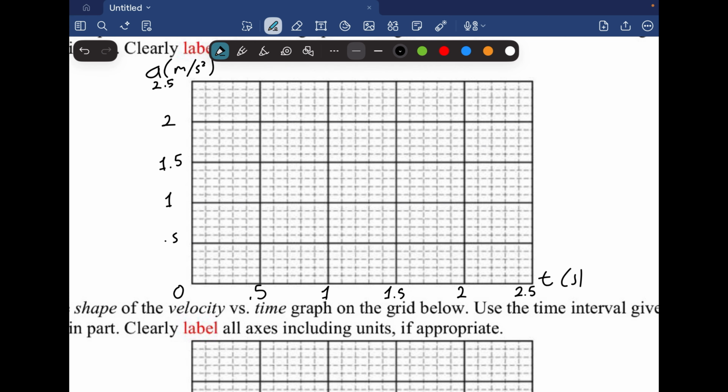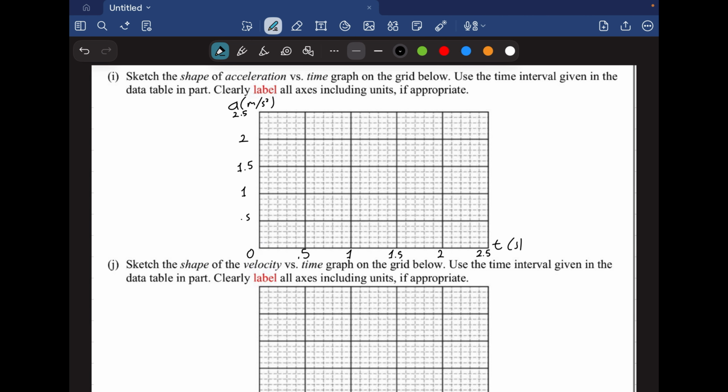Right. And then earlier we found the acceleration to be positive 1.8, so it will be right here. Positive 1.8. Right.